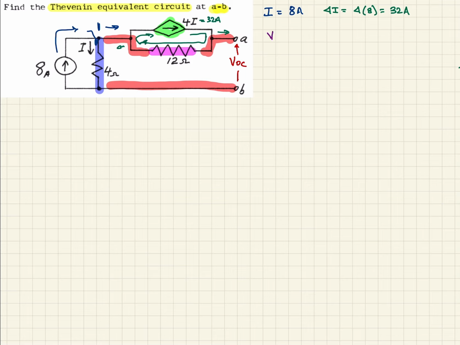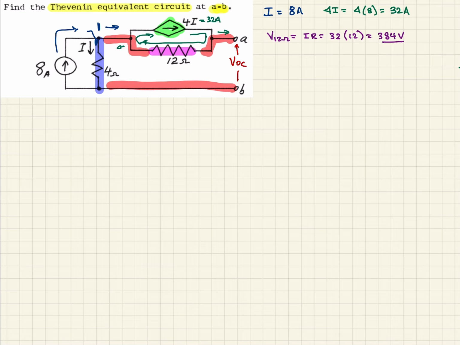So the voltage across the 12 ohm resistor then, using Ohm's law, which is just IR, we know that the current we just said is 32 amps, and the resistance is given on the circuit is 12. So that being the case, we can calculate that, and that comes out to 384 volts. So that's the voltage drop across the 12 ohm resistor.